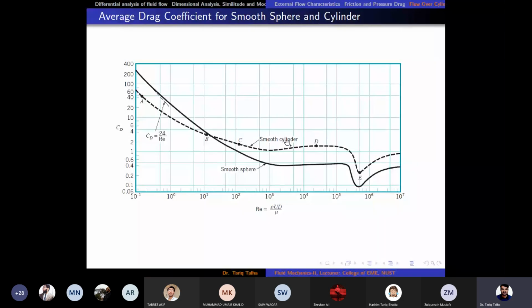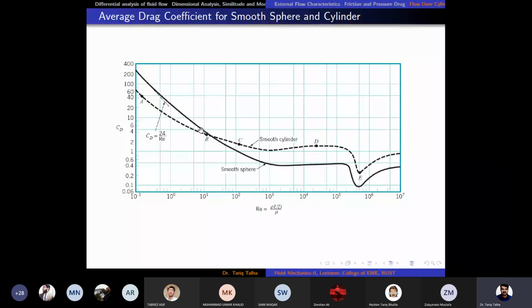On the x-axis we have the Reynolds number, on the y-axis we have the coefficient of drag. When the Reynolds number is 1 up to 10, you can see a linear decrease in the coefficient of drag value, right?